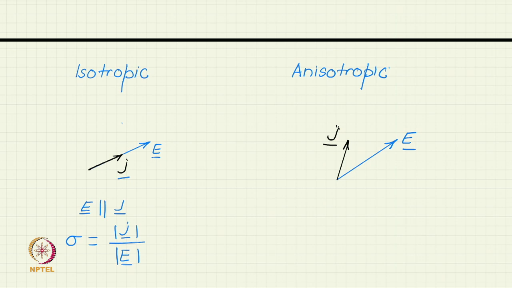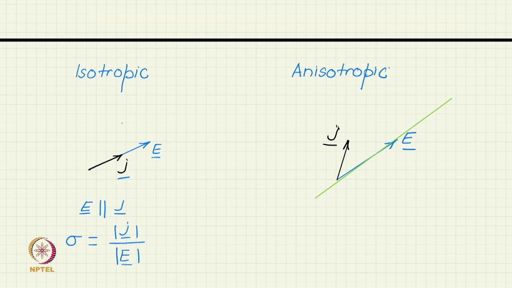By definition in this case we take the direction of the electric field as the reference direction. Suppose we want to find the conductivity in any given direction, we apply an electric field in that direction.